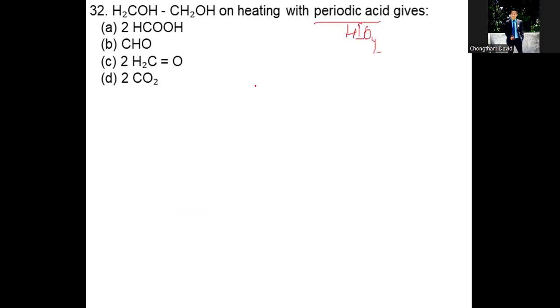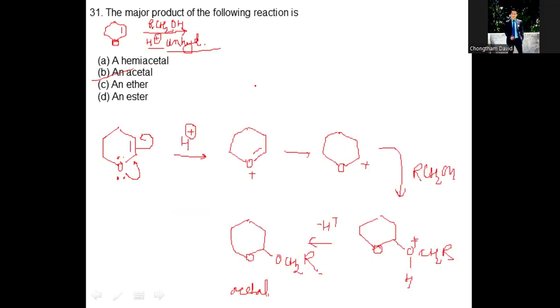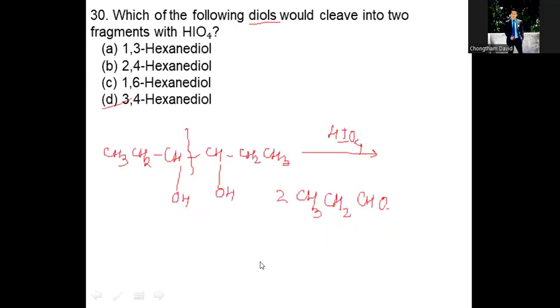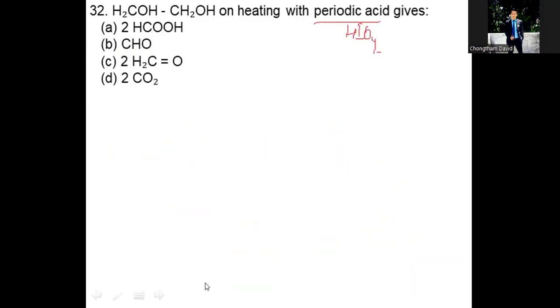Periodic acid treated with this diol, it gives what? You can answer the question if you have just answered the previous question. We have just seen aldehyde was formed here. When periodic acid is reacted with this alcohol, it forms aldehyde. Same thing here.